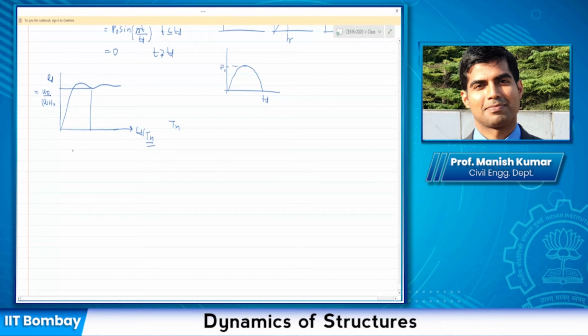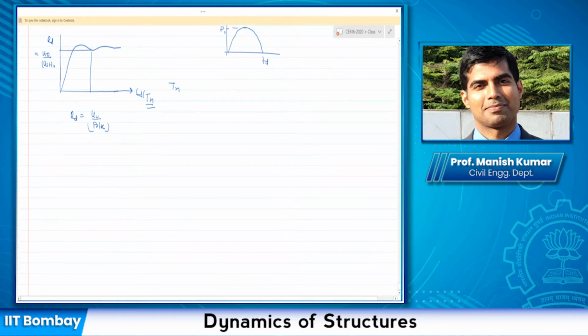If Rd is known, you can find the dynamic displacement by multiplying it with the peak static displacement, which is P naught by K. Then you can further utilize that U naught to find the forces or stresses in the structural members. We did both in the last class, in the last problem that we discussed. So this is what is important.